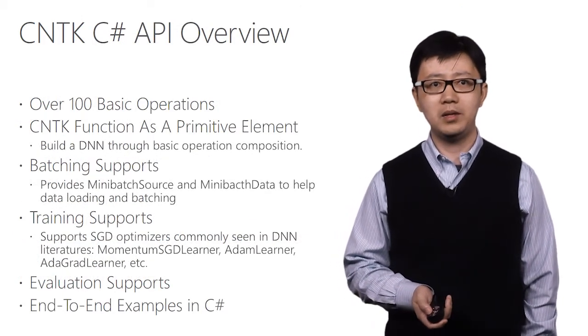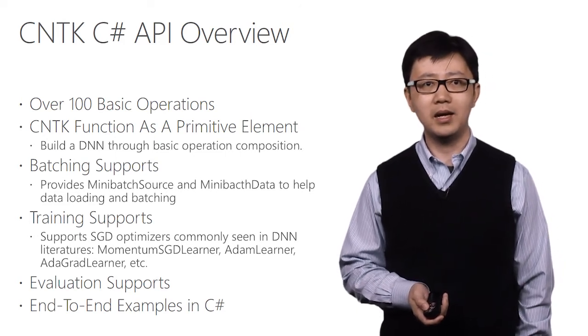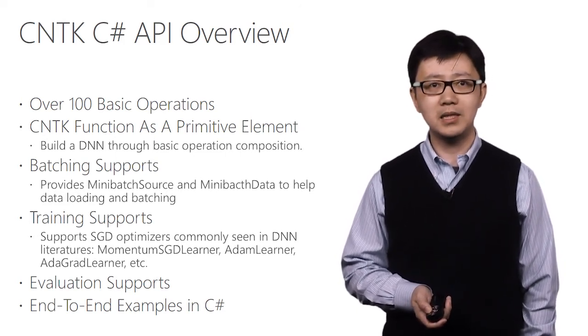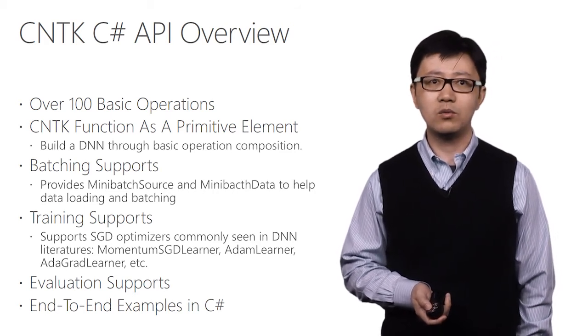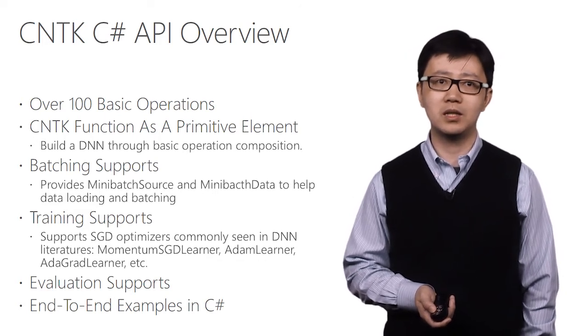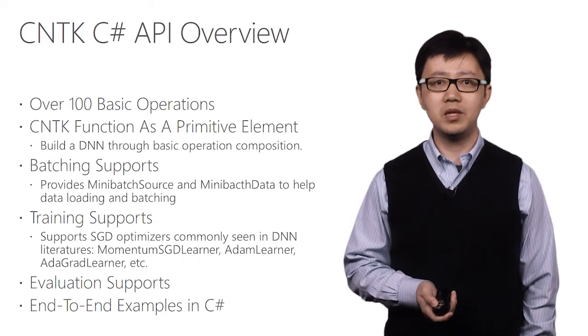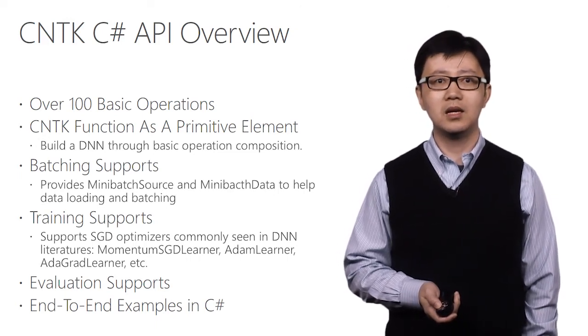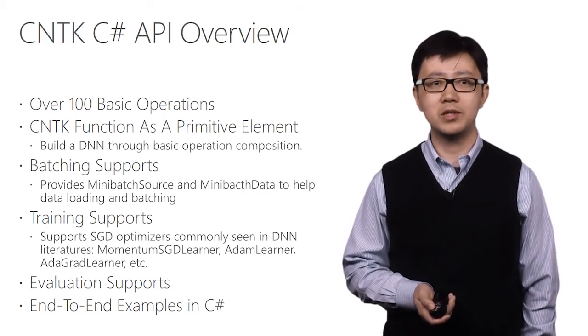So the C# API, which was created on top of the C++ API, is a complete API that can do both training and eval. It has over 100 basic operations to build a computational network. The CNTK function is used as a primitive element to build a DNN. So you can build a DNN through all these basic operations and through composition.